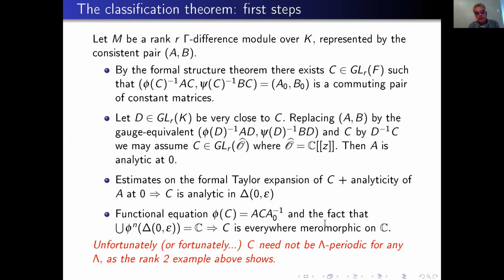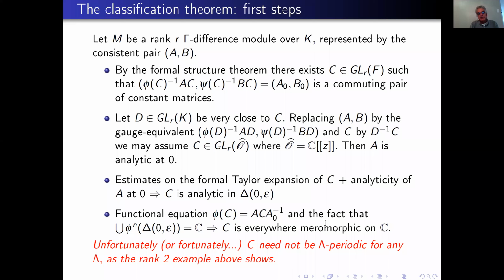And then you use the functional equation that A satisfies, you turn it upside down to a functional equation for C. So C evaluated at Q times Z is A C A0 inverse, and A is globally meromorphic, A0 is even constant. So you see that you can boost up the region of convergence by multiplication by Q or division by Q.